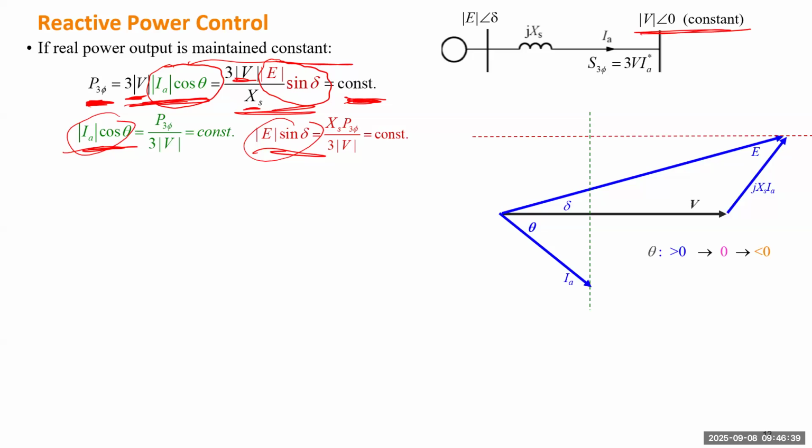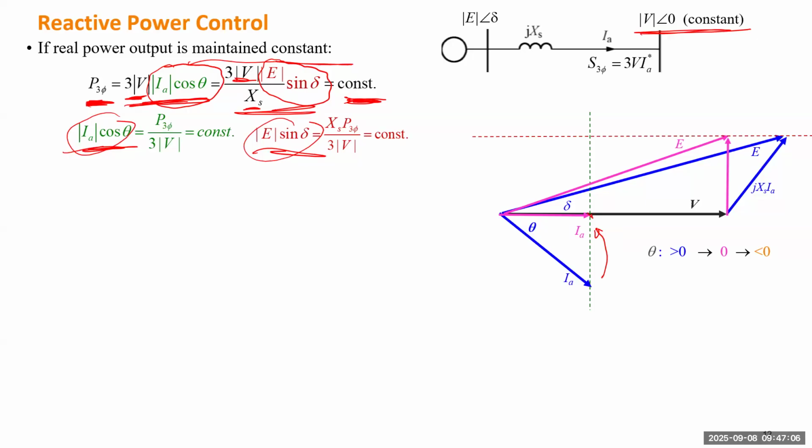We have shown one of the 3 conditions, which is the lagging power factor. Next we'll move to the unity power factor, where theta is 0 and the current is in the same direction as V, and then the leading power factor, negative theta. So for 0 theta, you see the current moves to the x-axis, right?